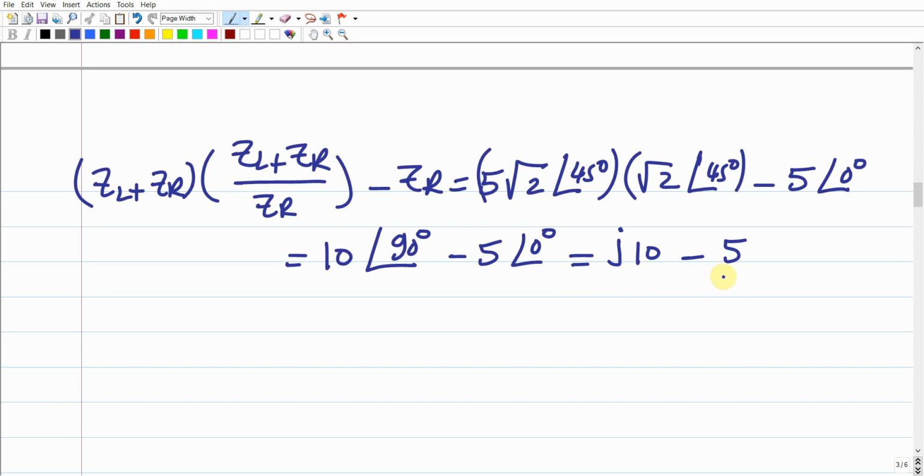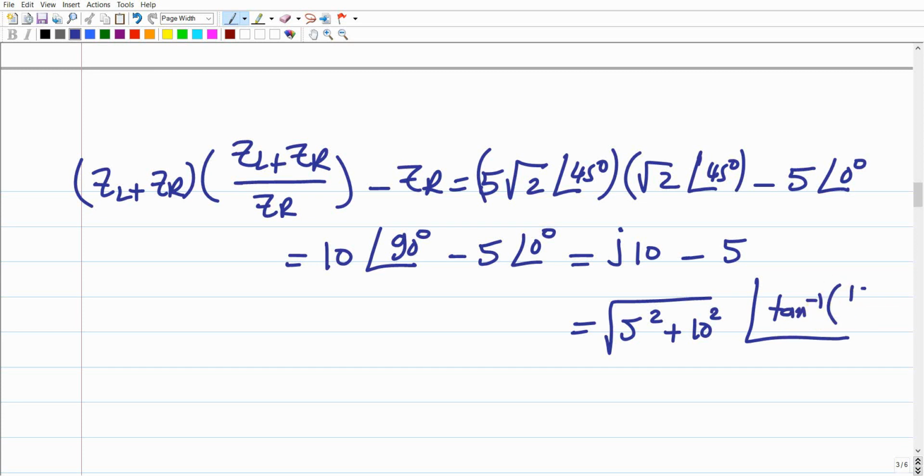Then you're going to convert it to the rectangular form, this is the rectangular form, and then convert it back into the polar form. To convert to the polar form, it's going to give us the square root of this real value squared plus the square of the 10, and the angle should be the tan inverse of the imaginary value, which is 10, divided by the real value, which is negative 5.